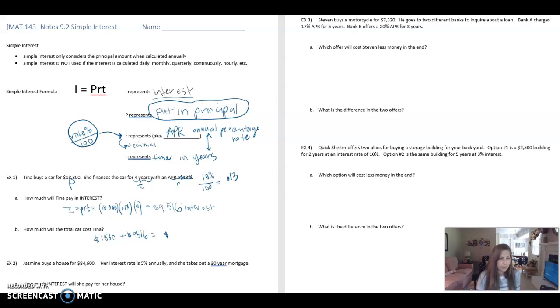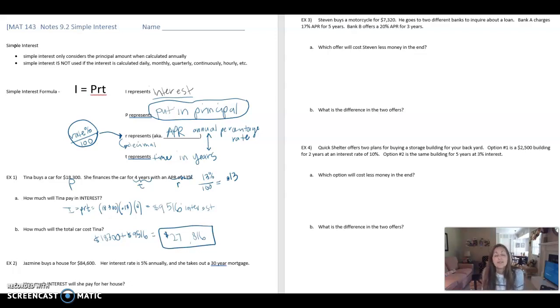I'm missing a zero right there. It's 18,300. She ends up paying $27,816 for that car.